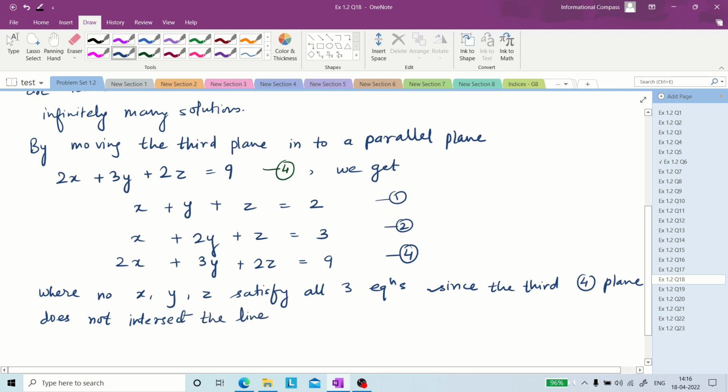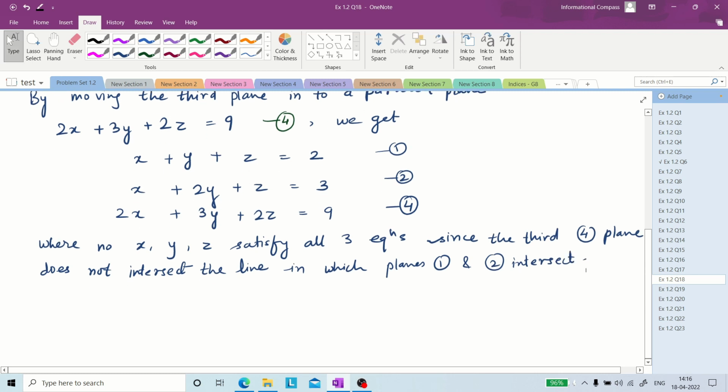You can clearly understand why, because if you're adding this, this becomes 2x, 3y plus 2z, but this doesn't become 5, which means it does not intersect the line in which planes 1 and 2 intersect. That being the reason, we have this issue that rises up.